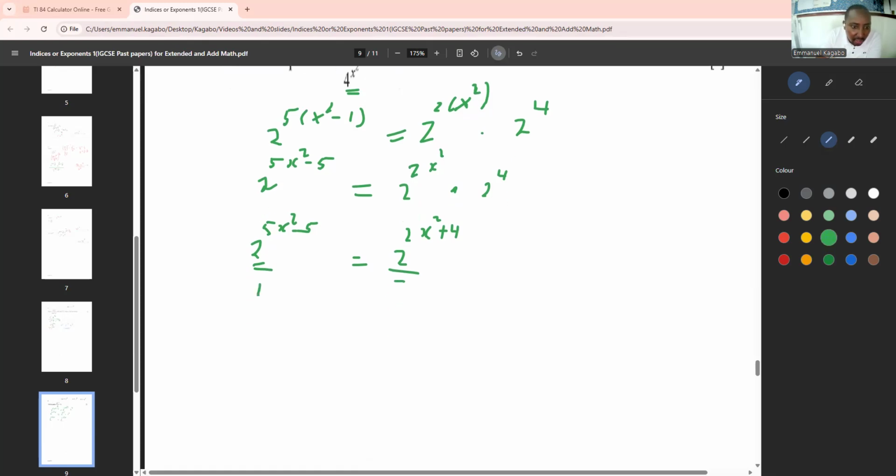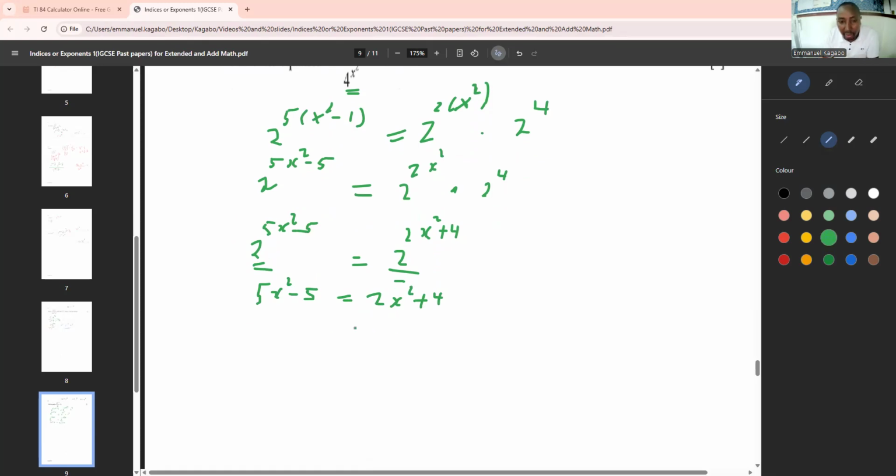So this is 5x squared minus 5 equals 2x squared plus 4. That's why I'm equating the powers, which is 5x squared minus 5 equals 2x squared plus 4.